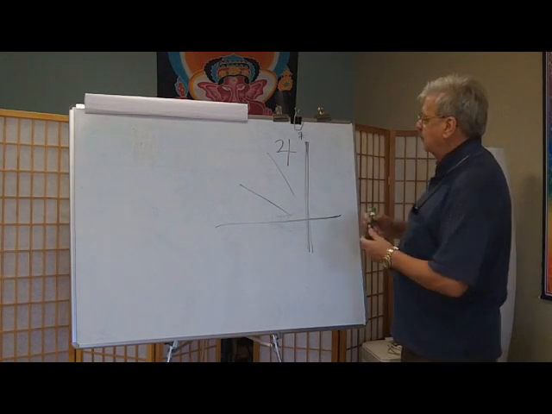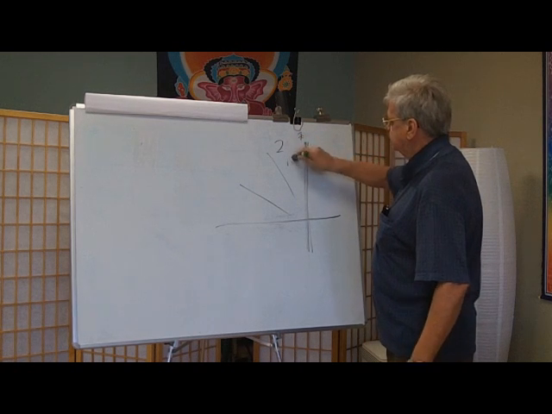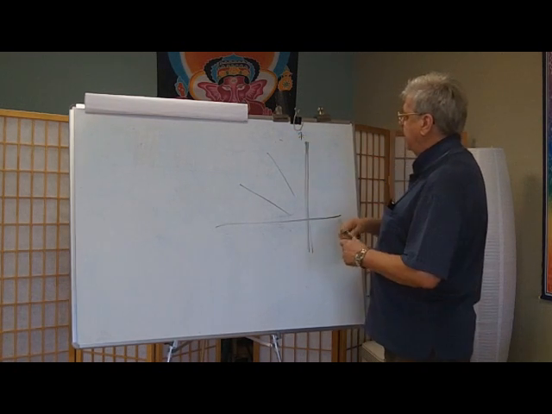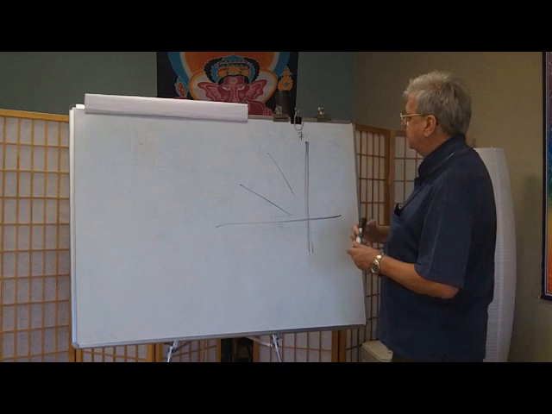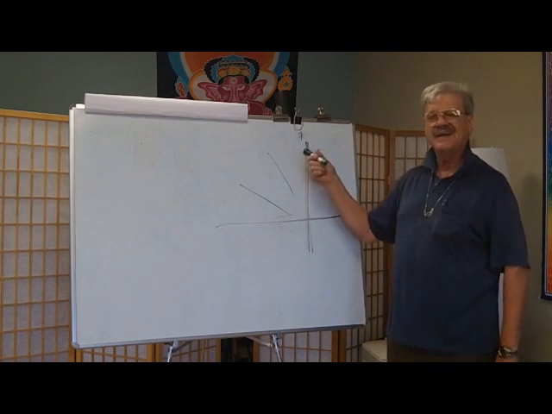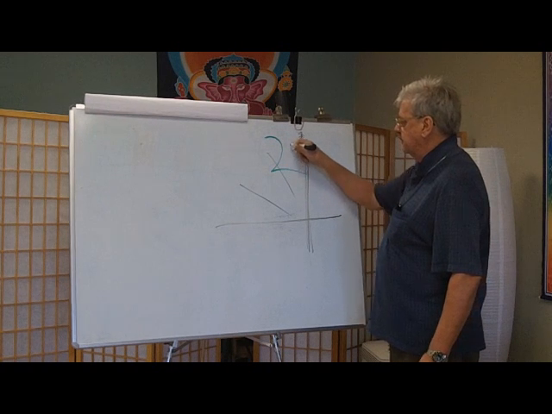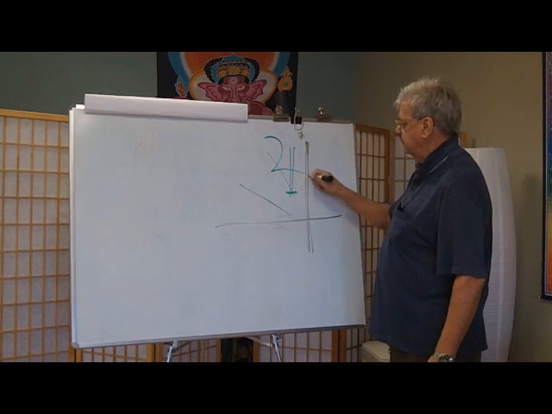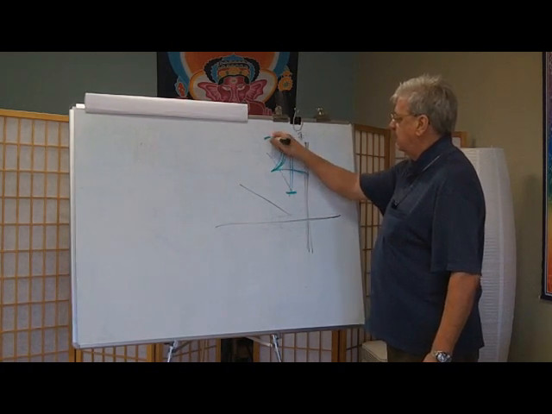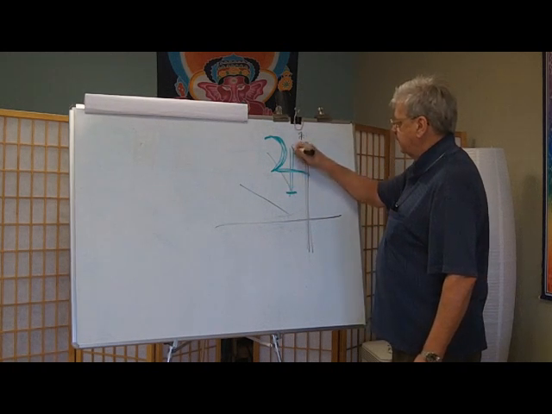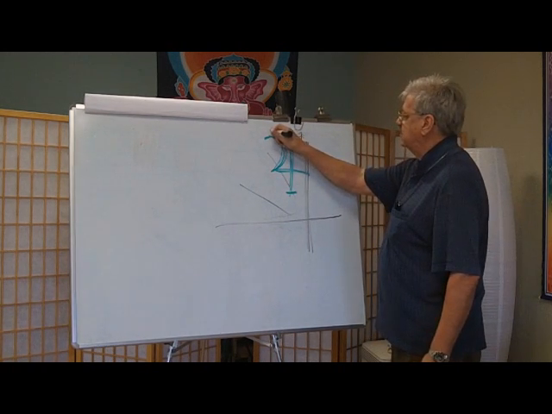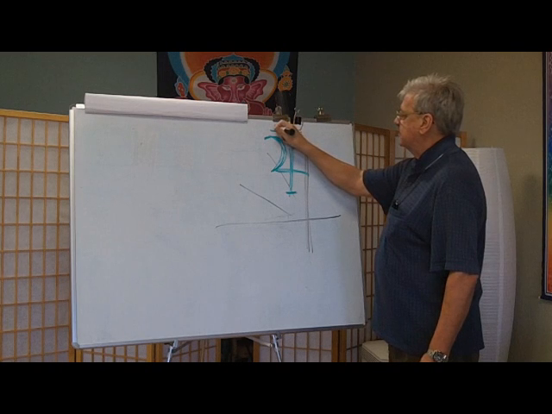Why? Well, because it's in the 10th house, and not only is it in the 10th house, it's in its own sign, so it's accidentally and essentially the most powerful Jupiter you can possibly get in the chart. It's got all the ramifications of king-size Jupiter. Let's give him a crown even.